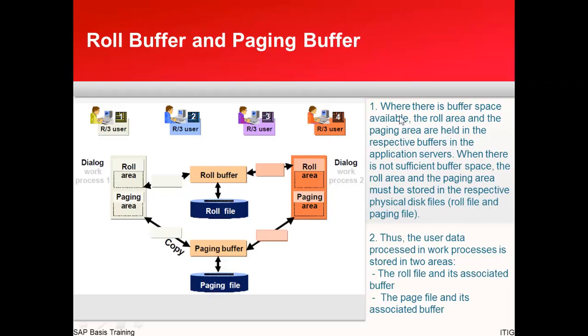So that is the underlying principle: if you have it available in the memory, use it from the memory, else it is provided from the file using, say, role file or paging file. Thus the user data processing in a work process is stored in two areas, the role file and its associated buffer, and the page file and its associated buffer.